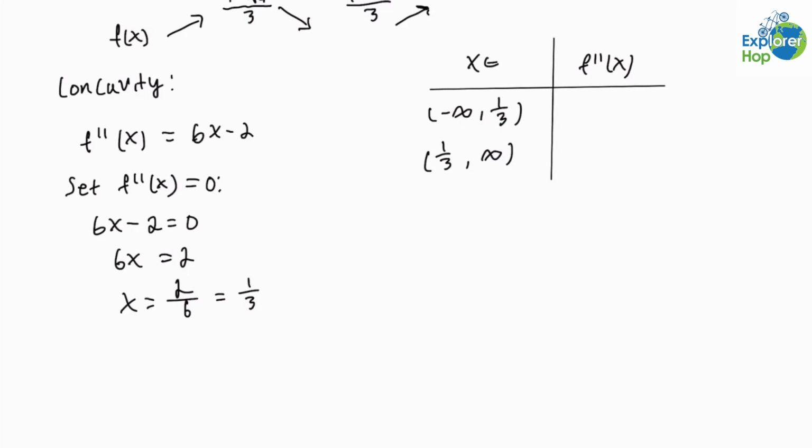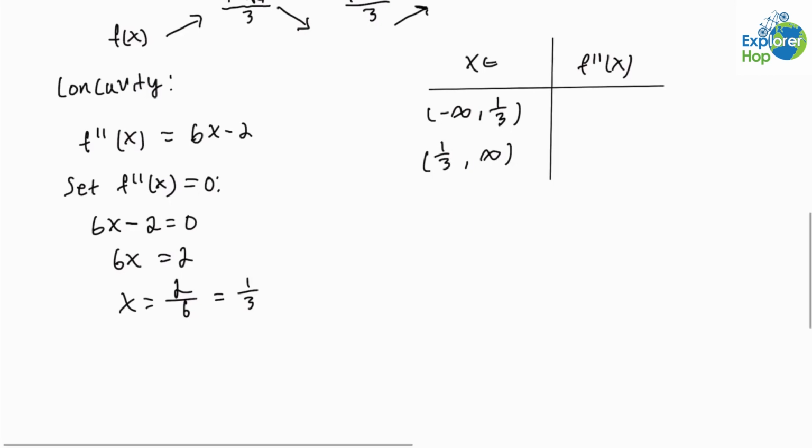And once again, we sub a value of x from each interval into the second derivative of f of x. So if x is in the interval from negative infinity to 1/3, then subbing in x equals 0 means that the second derivative of f of x is negative. And if x is in the interval from 1/3 to infinity, then subbing in x equals 1 means that the second derivative of f of x is positive.